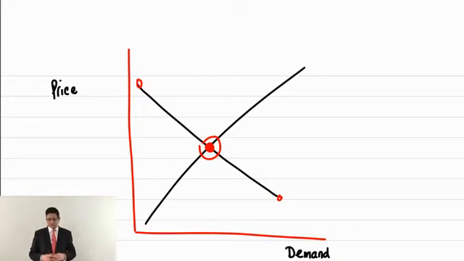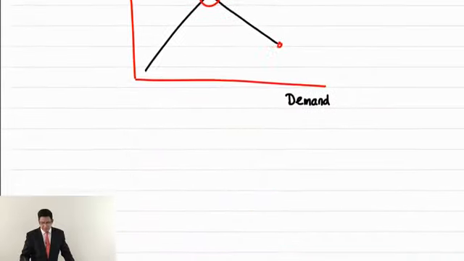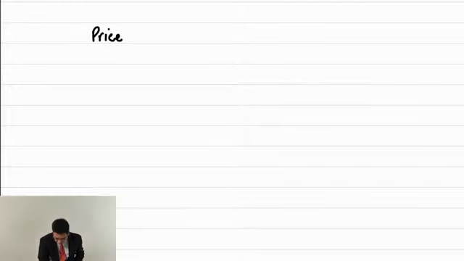Let's understand this with the help of a table before we look into some algebra. For example, if I create some simple figures, here is price and here is quantity.